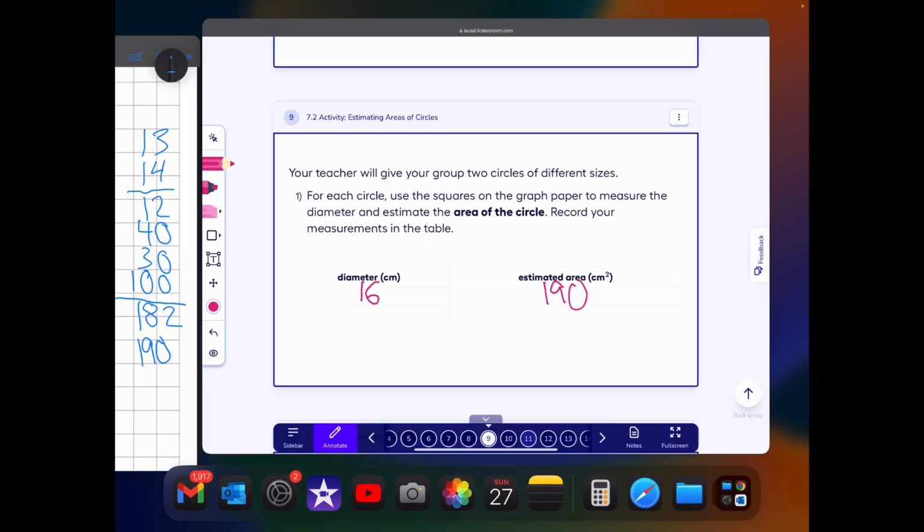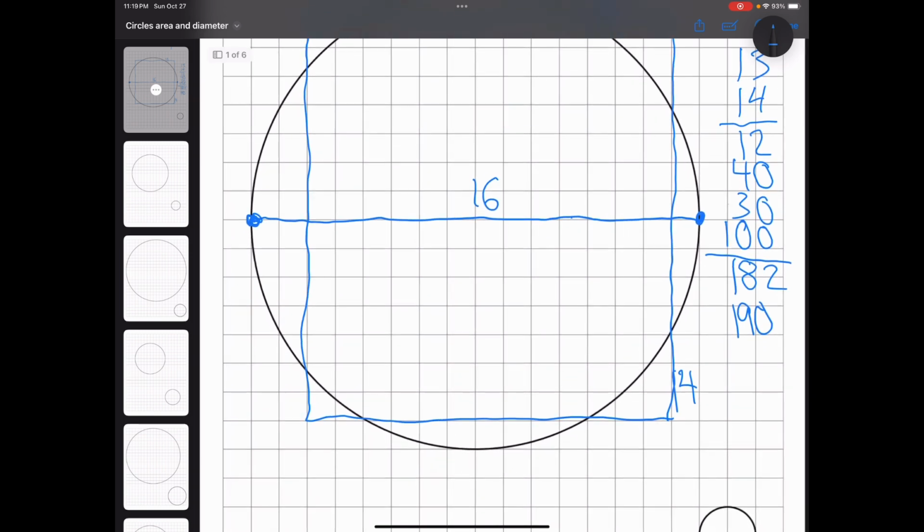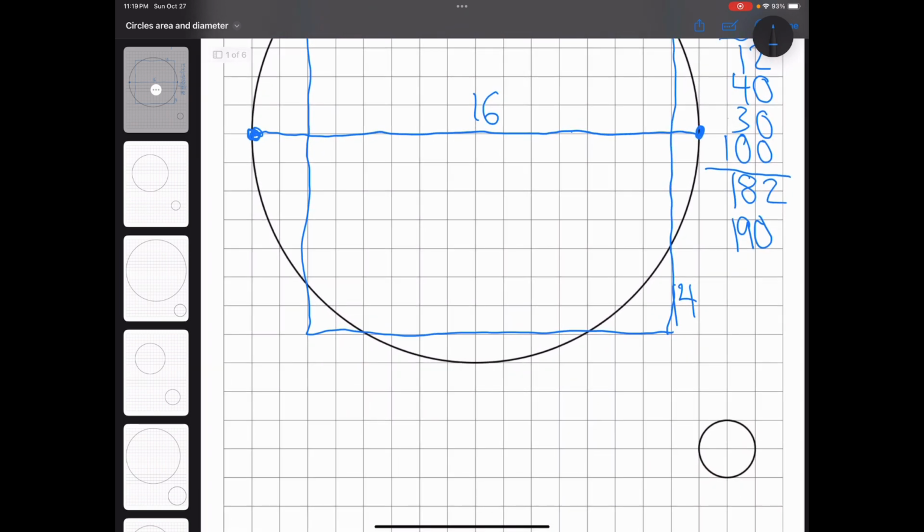Let's go back to our second circle, and you might have this circle, you might have a different one, but we got a really small one. Okay, so we can estimate the area of that to be about 4, maybe a little bit less than 4, maybe 3.5, because that is a square with an area of 4, and it's less than that.